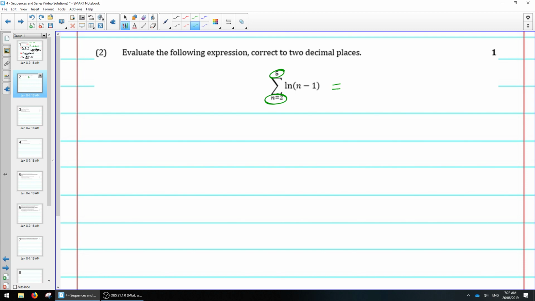So if I were to sub in n equals 2, well 2 minus 1 is obviously 1, so we've basically got ln 1. Then if I subbed in 3, 3 minus 1 is 2, so plus ln 2, plus ln 3, plus ln 4. Okay, because what I've done is I've subbed in 2, 3, 4, and 5.